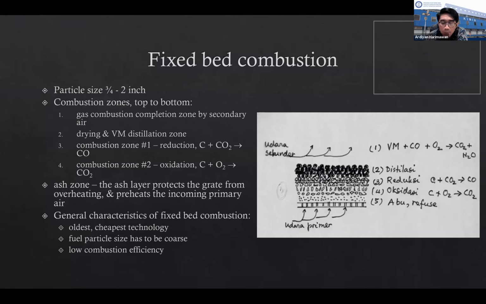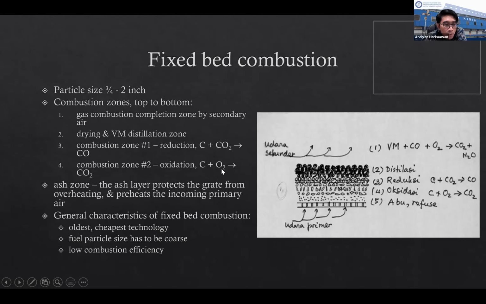Okay, maybe we discuss first the fixed bed combustion. In fixed bed combustion, the size of the particle should be around 3/4 inch until 2 inches, and the particles are stacked up in the column.